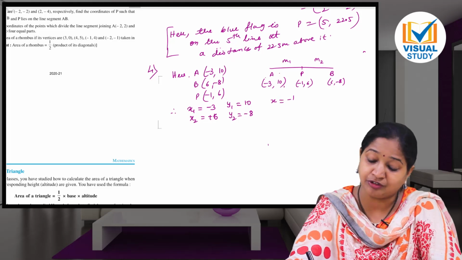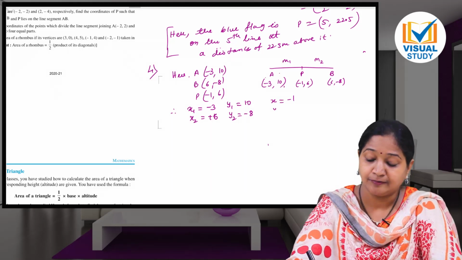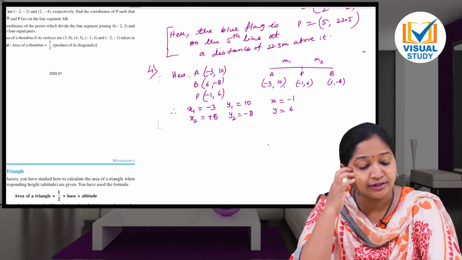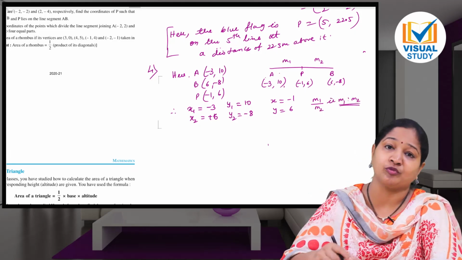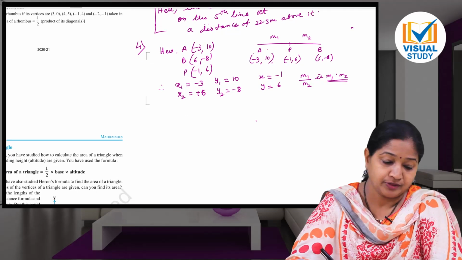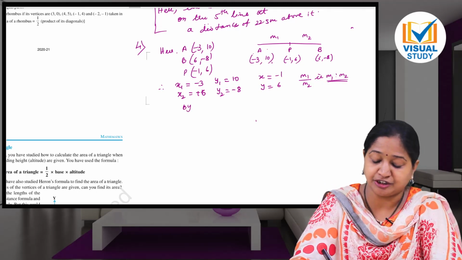So x is equal to minus 1, and y is equal to 6, and you don't know m1 upon m2, that is m1 is to m2. You have to find out m1 and m2. Use the same formula, that is the section formula.